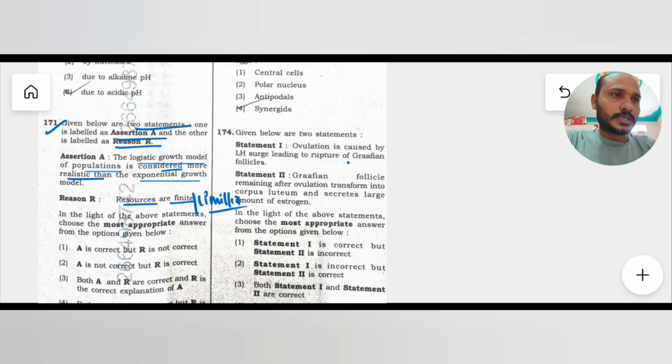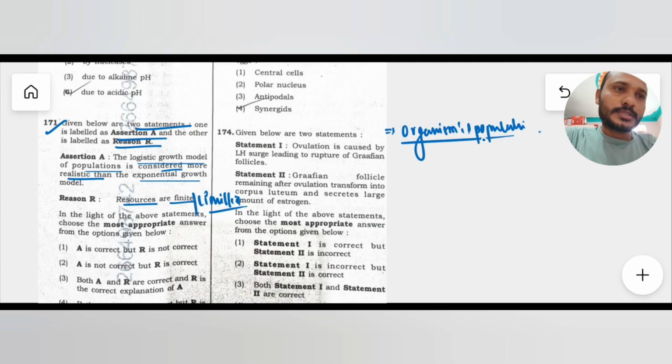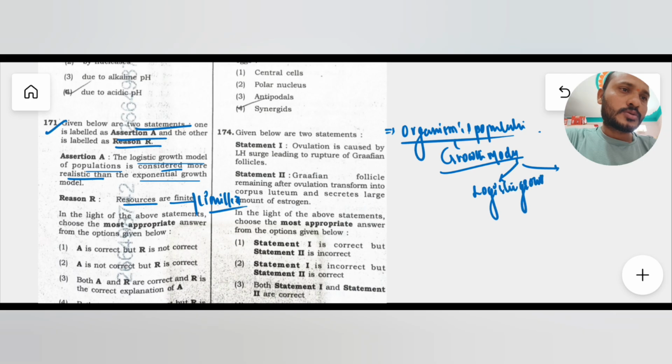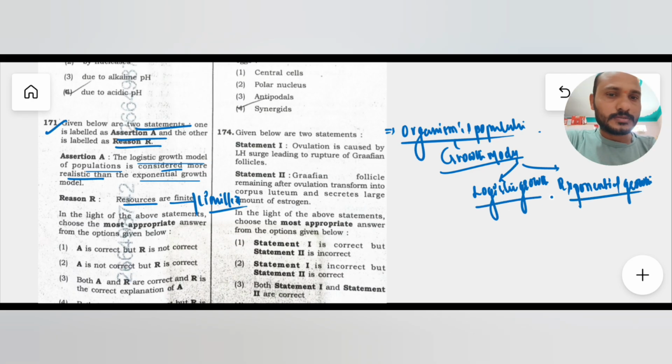Okay, let us analyze this statement. This question is framed from organisms and population, where they mainly focus on growth models. In organisms and population we have two growth models: the logistic growth model and the exponential growth model. In the logistic growth model, the important concept is that resources are limited or finite.